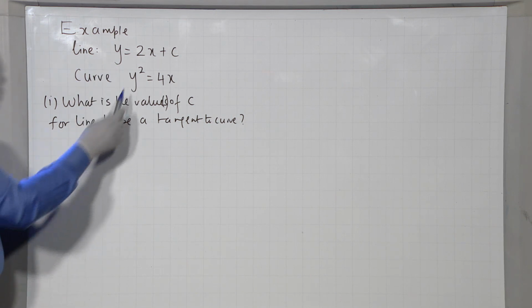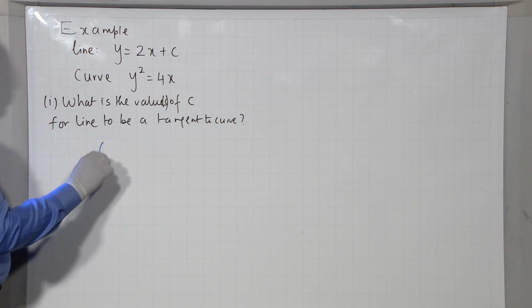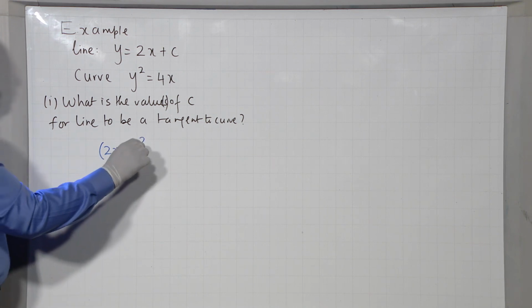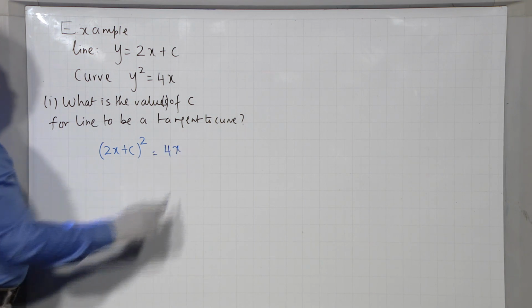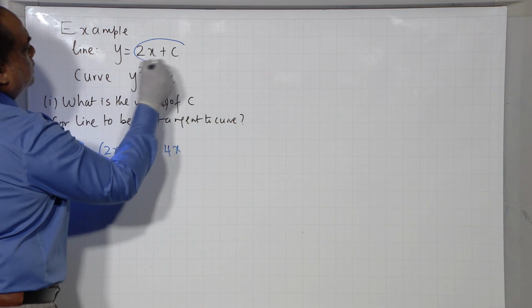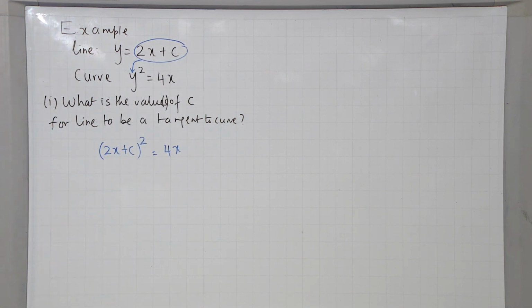So in the equation of the curve, where I had y, I'm going to write (2x plus c) squared is equal to 4x. So I have replaced y by 2x plus c. Here I have used the method of substitution.